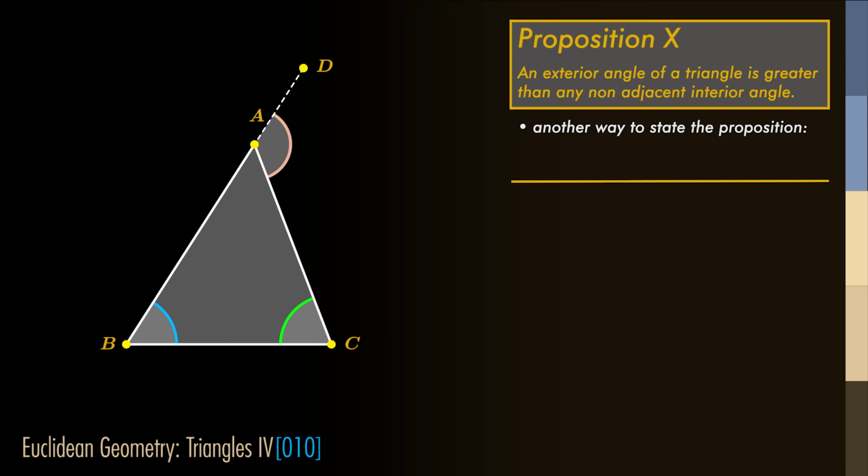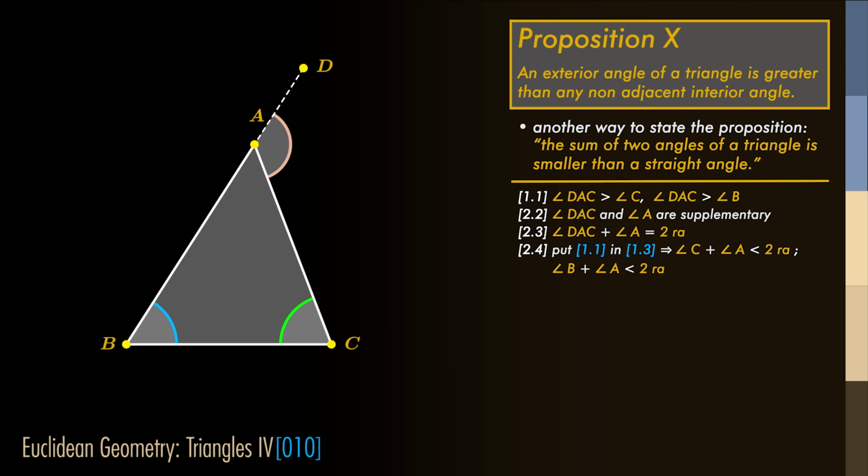This proposition can also be stated in another interesting manner. The sum of two angles of a triangle is smaller than a straight angle. Let's look again at the figure. We have angle DAC is greater than angle C, and angle DAC is greater than angle B. On the other hand, we know that the angle DAC and the angle in A are supplementary angles.